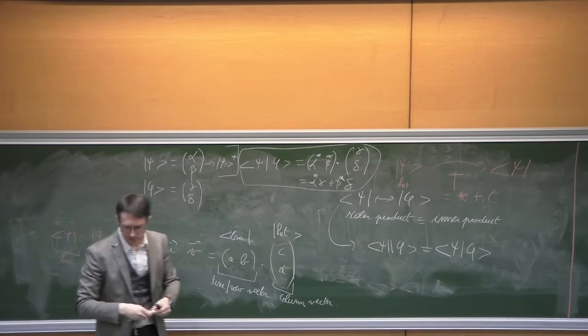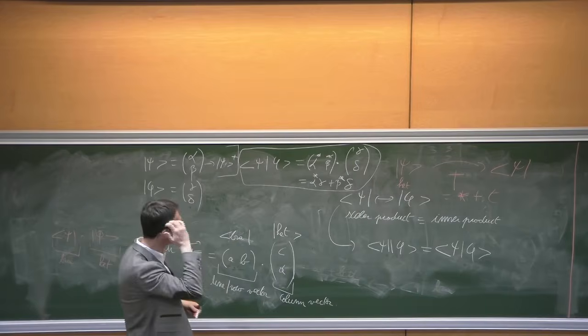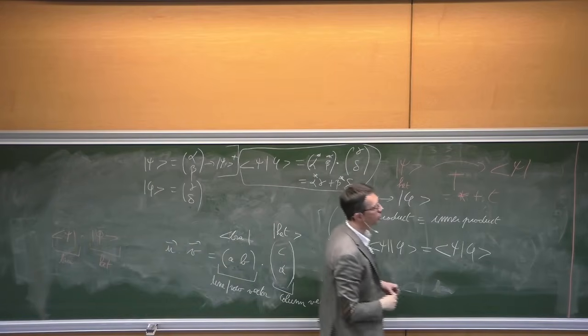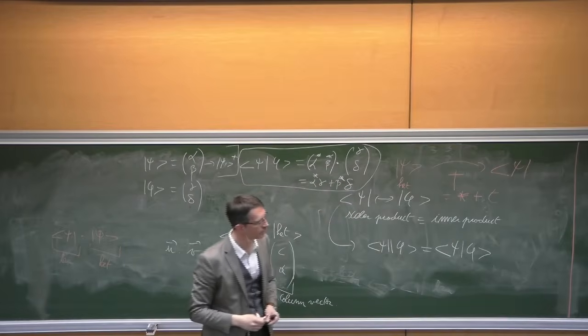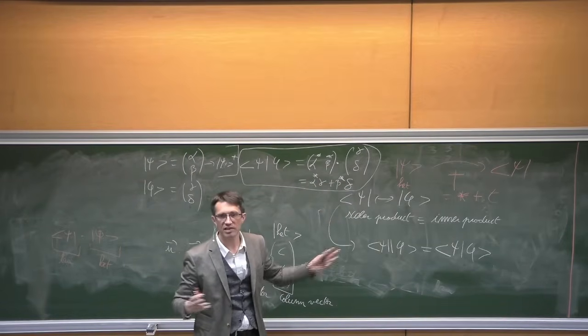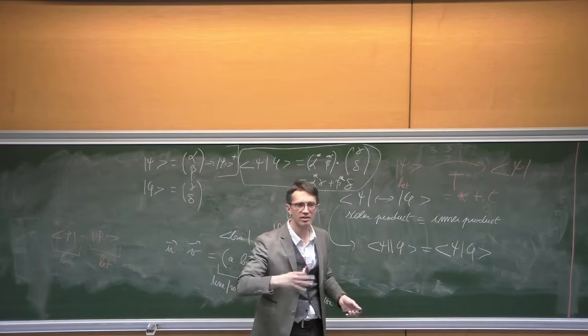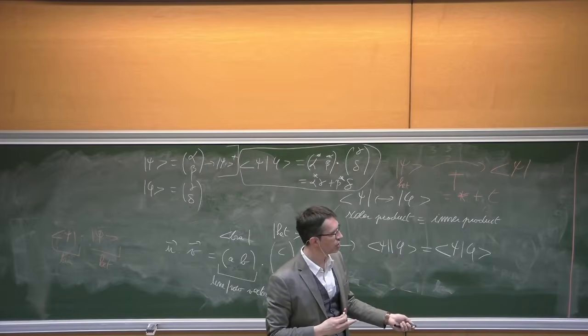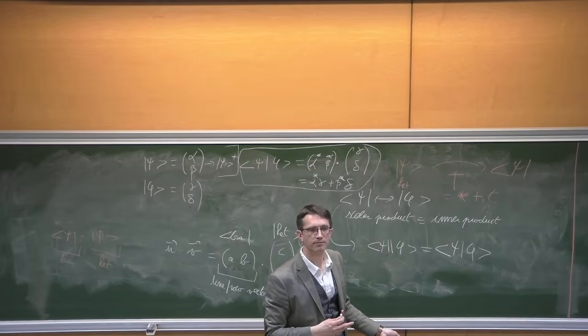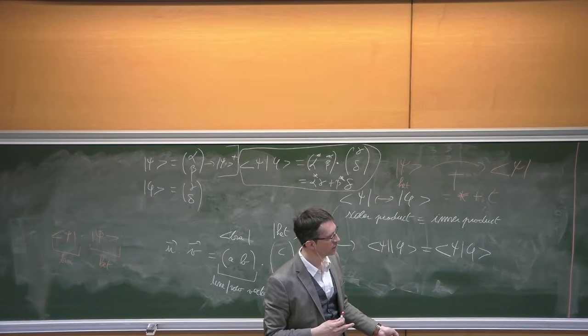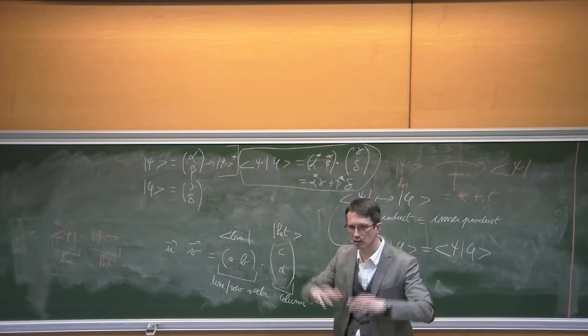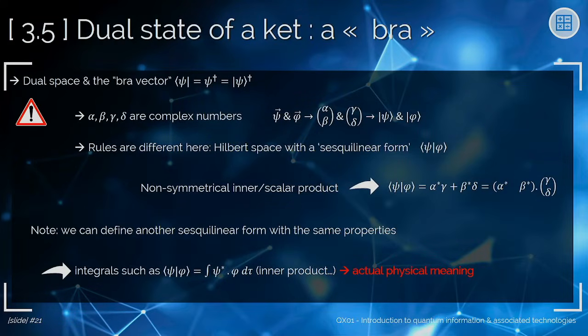I believe in mathematics, this particular form is what we call a sesquilinear form. This is one example, but there are others. In particular, there is one that we're going to see later on, which is the equivalent of the bracket, but using an integral: the integral of psi star phi d tau, where tau is the integration over an entire volume, because there has to be some physical system behind.